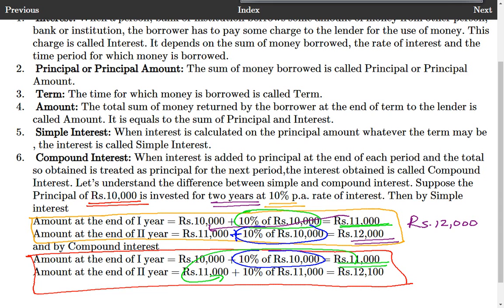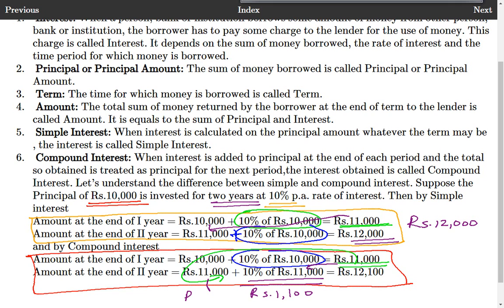So it will be treated as principal, and while calculating interest, 10% of rupees 11,000 is going to be rupees 1,100.